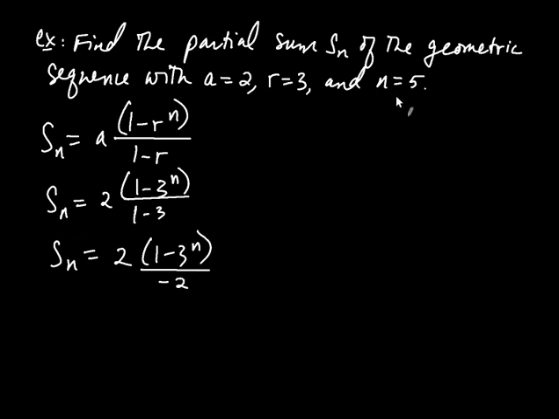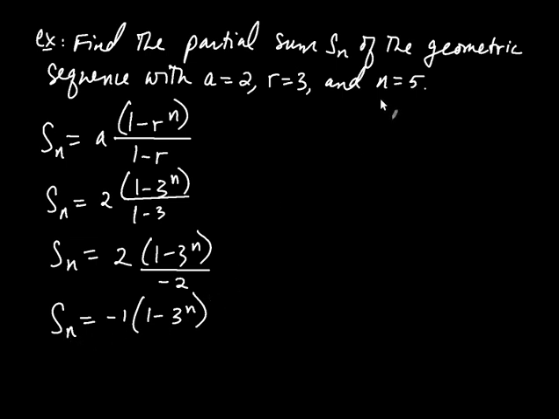Now notice that we're asked to find the nth partial sum when n is 5, right? So I can simplify here, and I can also plug in 5 for n. Let me first simplify. So S sub n is equal to, canceling here, negative 1 multiplied by 1 minus 3 to the n. Okay, so that's for the nth partial sum.